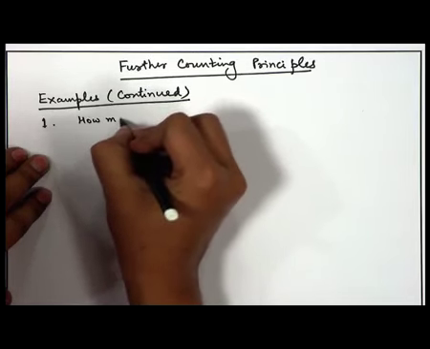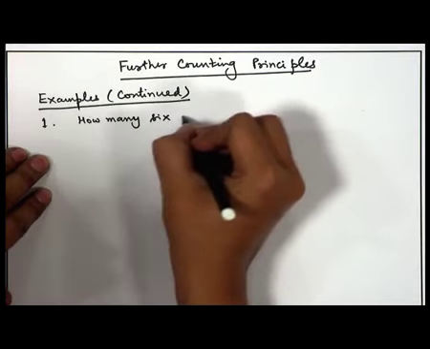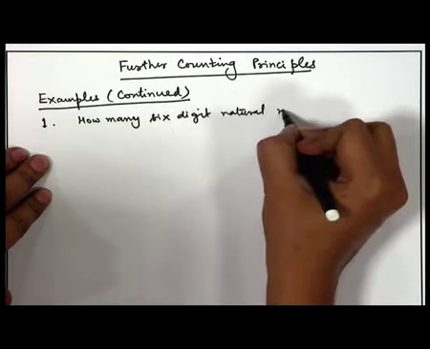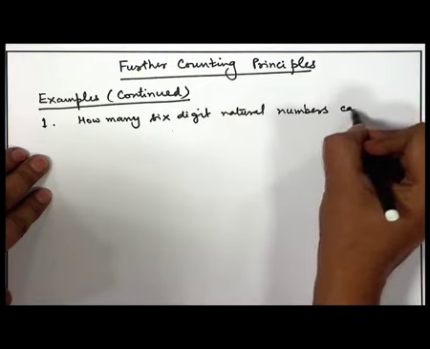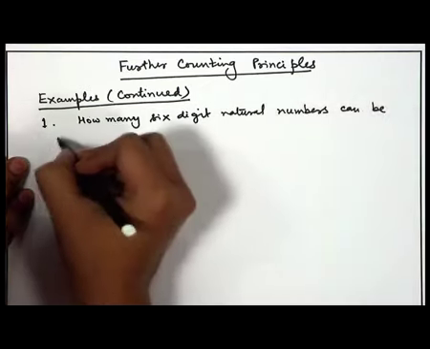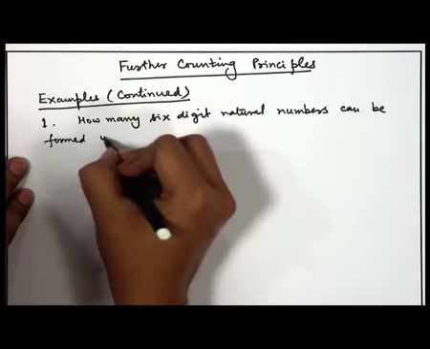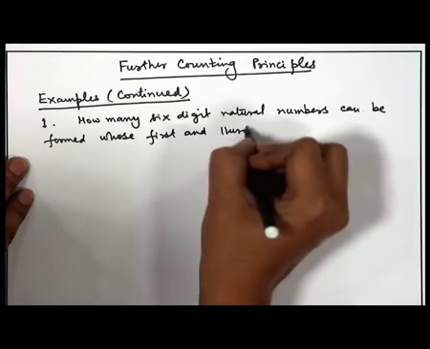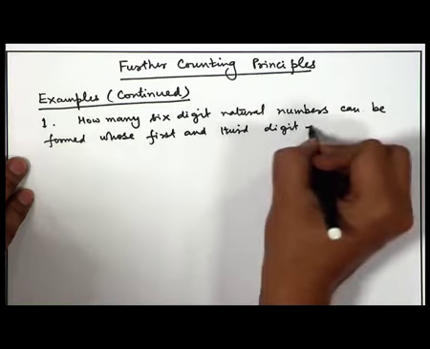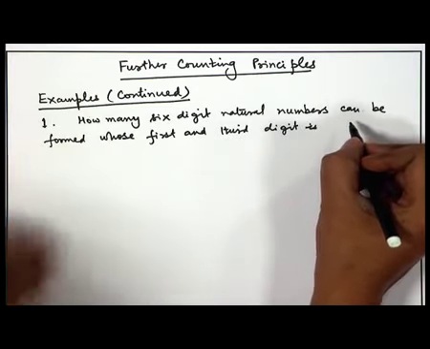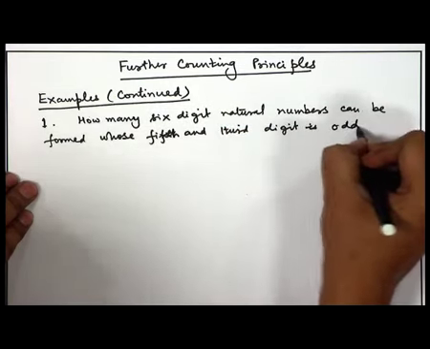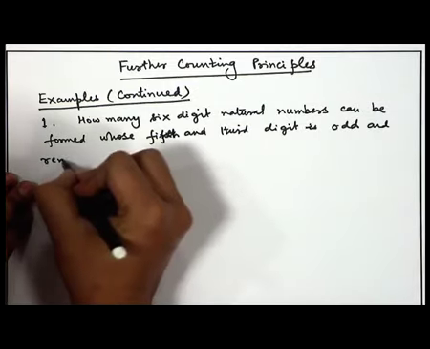The next problem is like this: how many six-digit natural numbers can be formed whose third and fifth digits are odd, and the remaining digits are even?